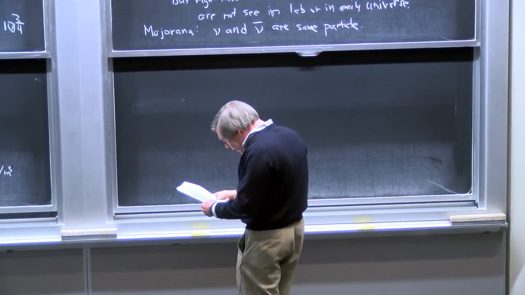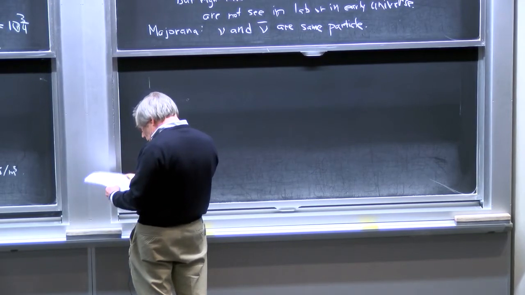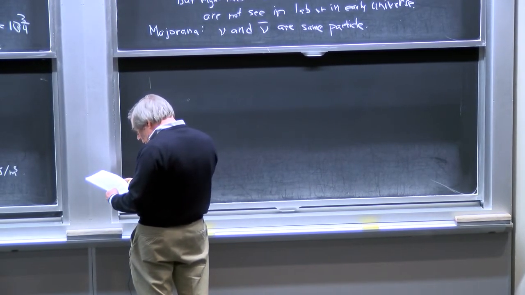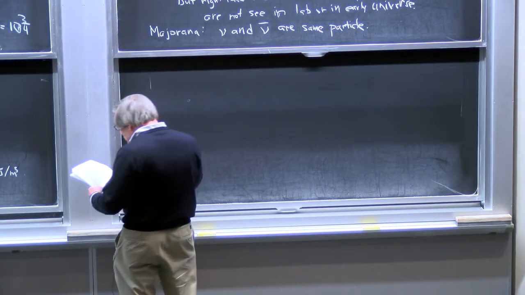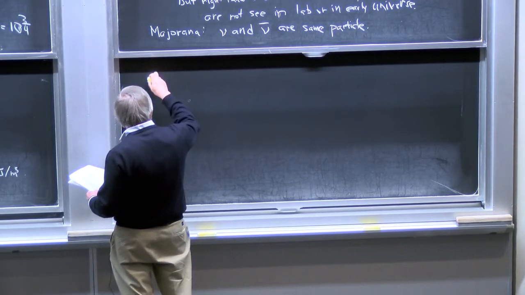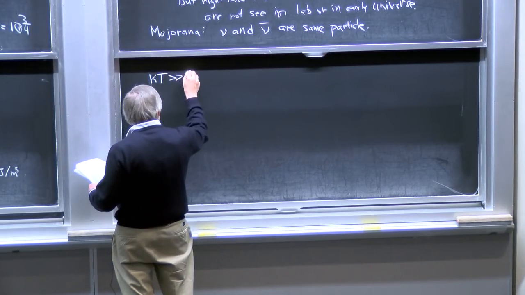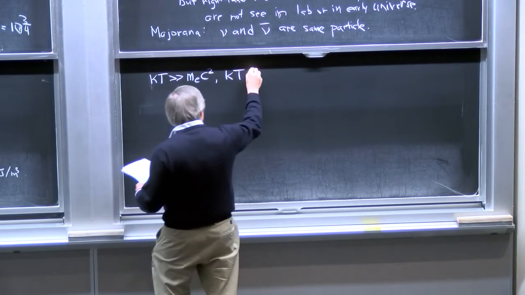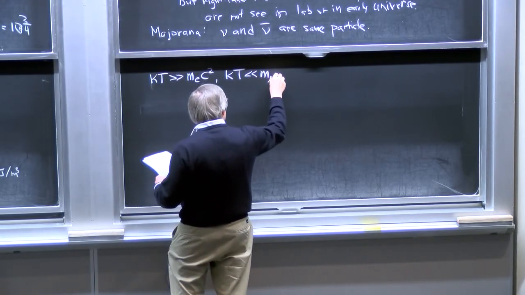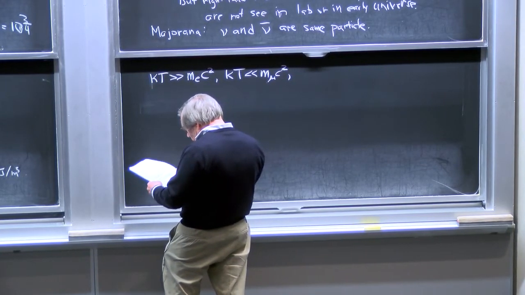Okay, now we're ready to actually write down, for example, a formula for KT. So sticking to this time range where KT is much, much bigger than m sub e c squared, but KT is much, much less than m sub mu c squared, we can write down a formula.